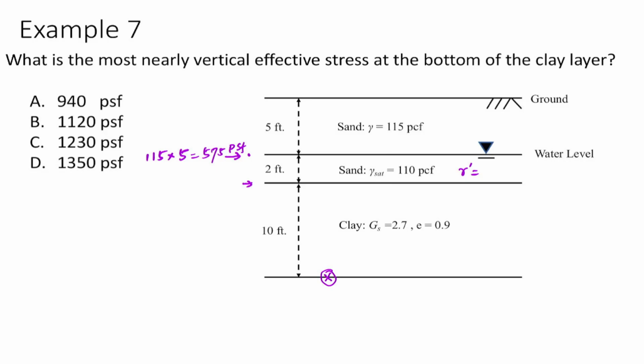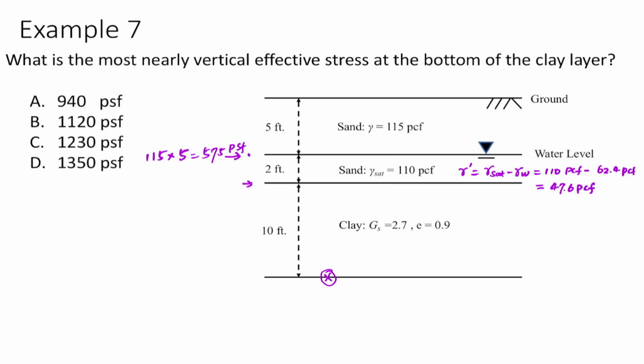The definition of gamma prime is gamma SAT minus gamma water, and that is 110 PCF minus 62.4 PCF, which is 47.6. So that is the effective unit weight for that sand.